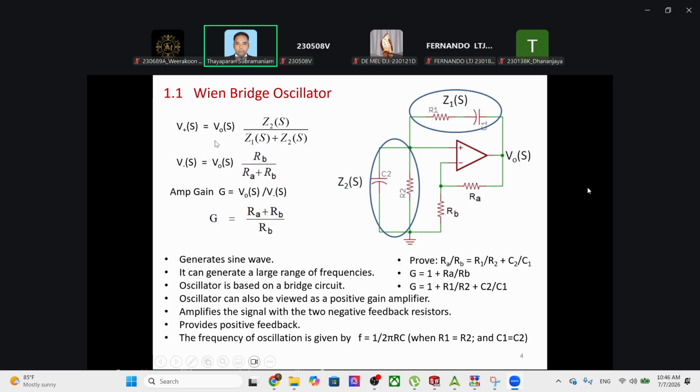Therefore, the first relationship fails at that point. So if you want to increase the frequency further and further, you have to carefully choose the op-amp. Even though we assume the inverting and non-inverting input currents are zero, in fact we neglect those currents compared to the current in the path. But when the circuit current in the path becomes comparable, that is where we reach the maximum oscillation, right?